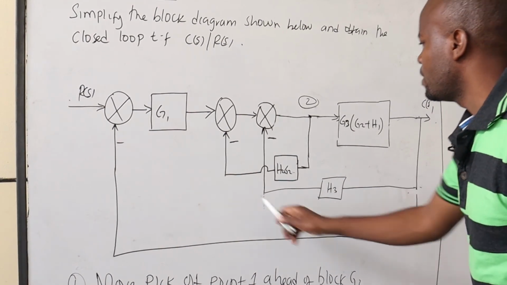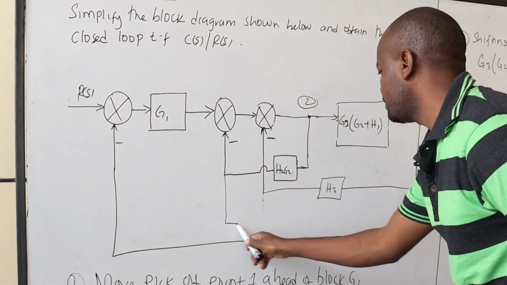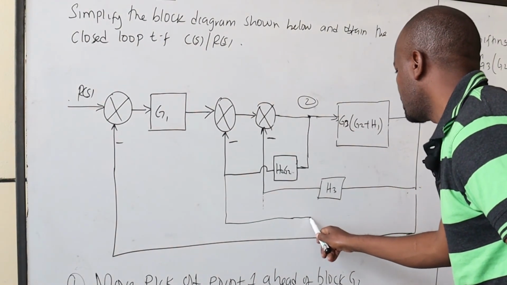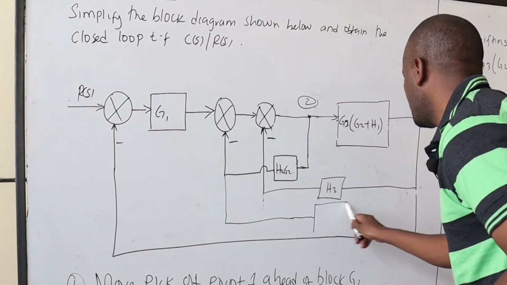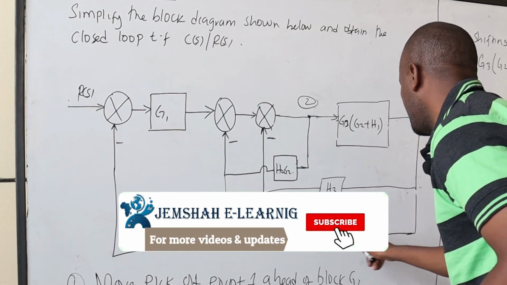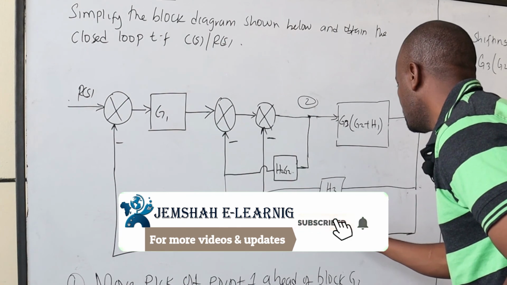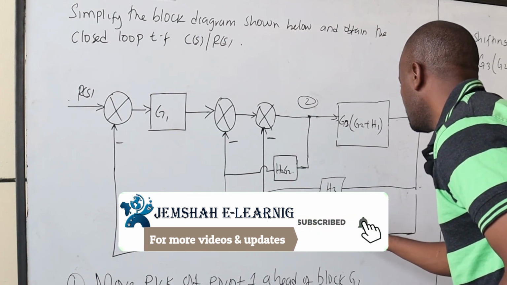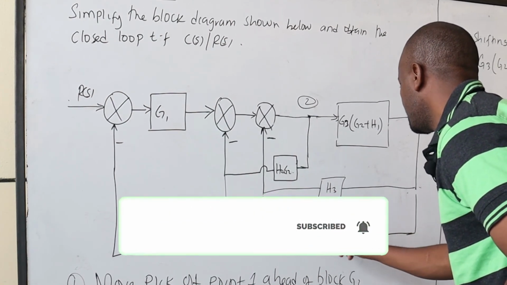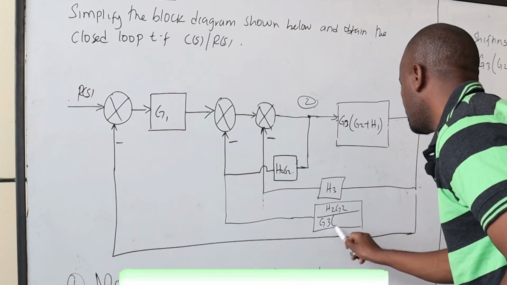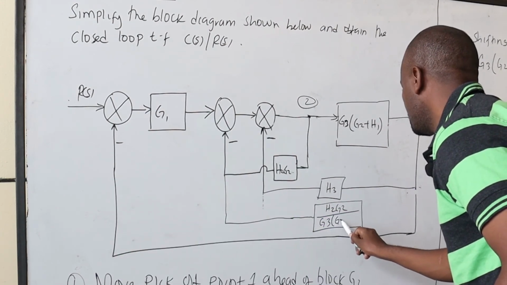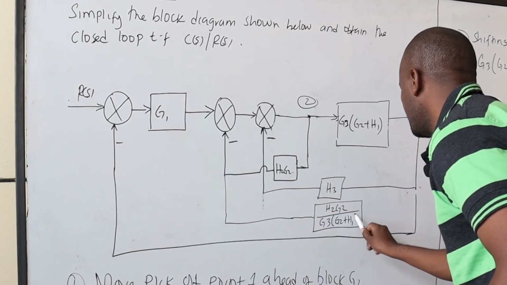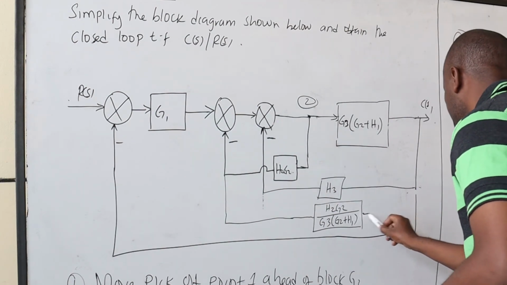Then this, we can have it here, so that here we can have a bigger block, that is H2, G2 all over G3 into G2 plus H1, so that is the new block that we have.